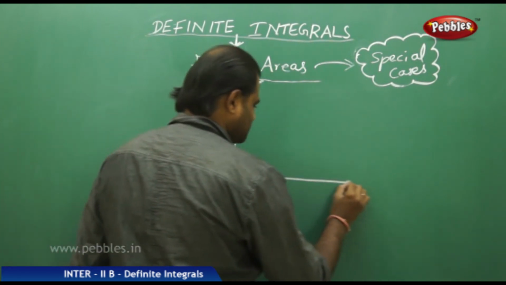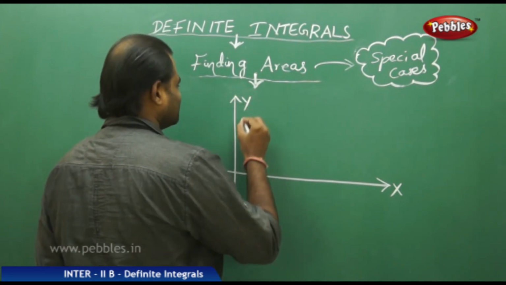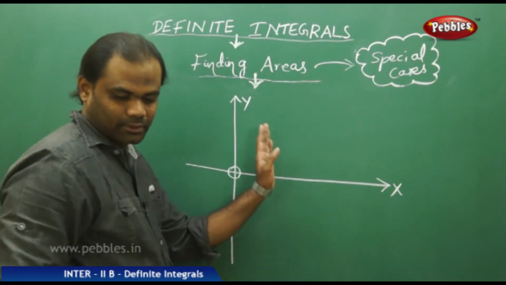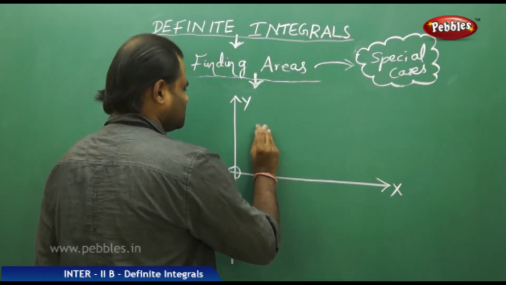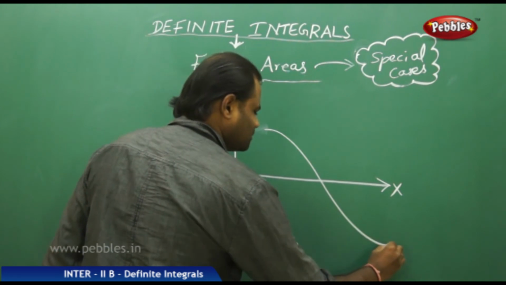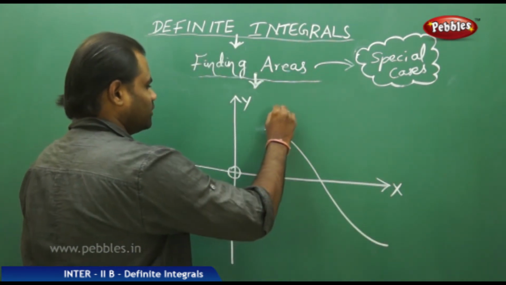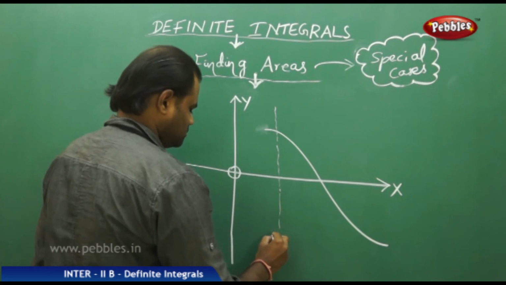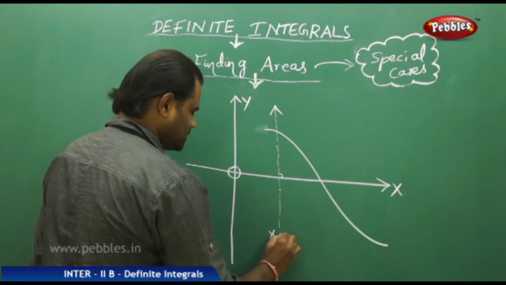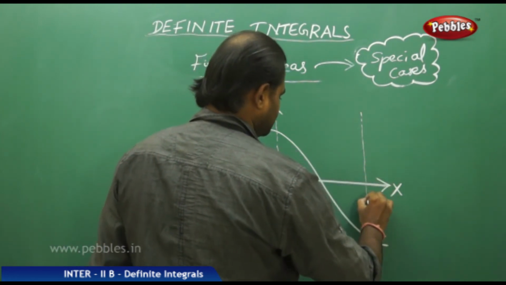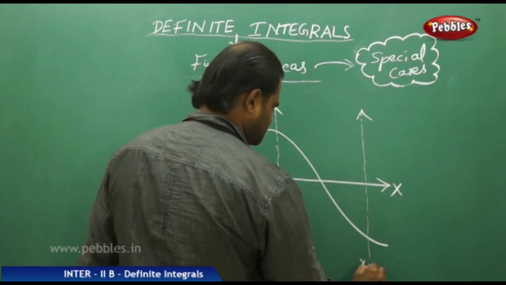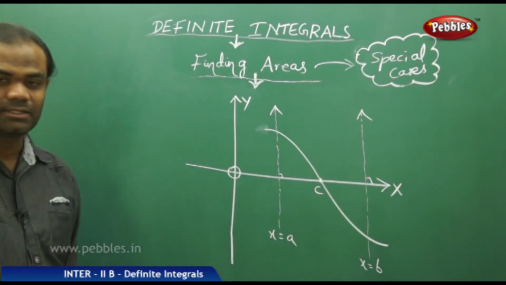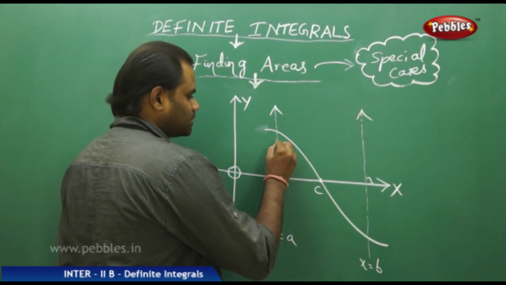Suppose I have my x-axis and my y-axis, and I have this with say my graph here, which has x equal to a, x equal to b, and it has x-intercept as c. Now I want to find the area of this complete shaded region.